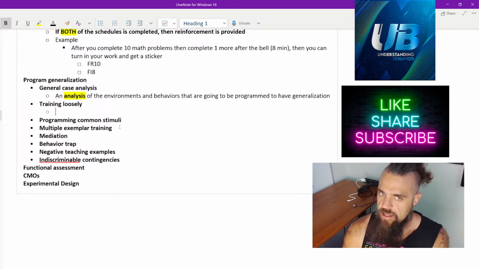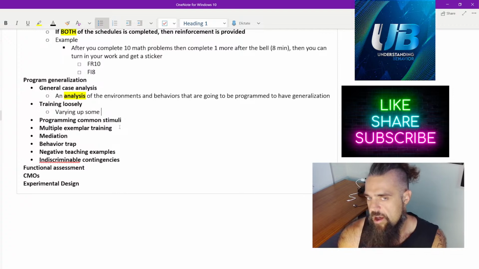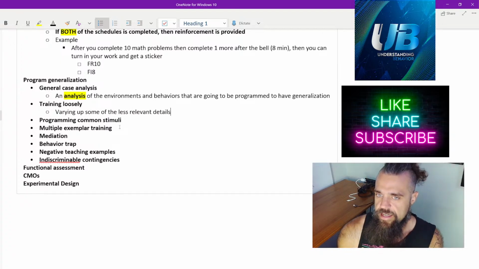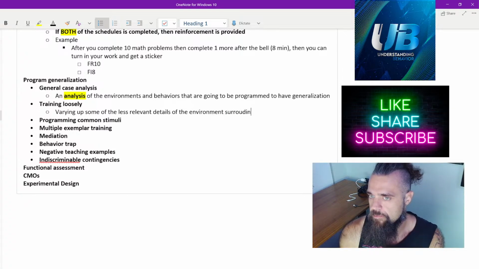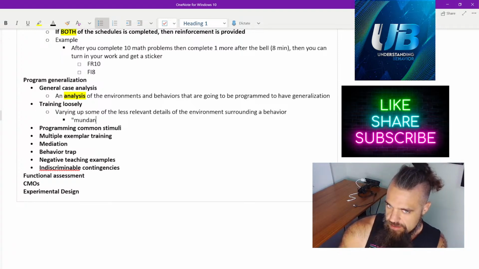So training loosely, this is when we're varying some of the less relevant details of the environment surrounding a behavior. So this might be the more mundane things.